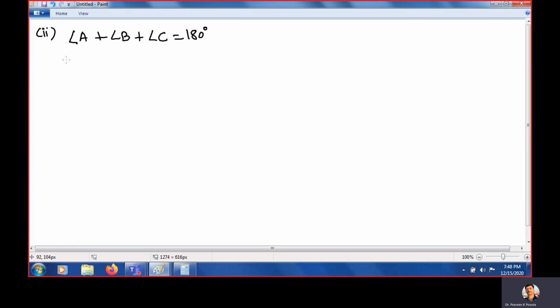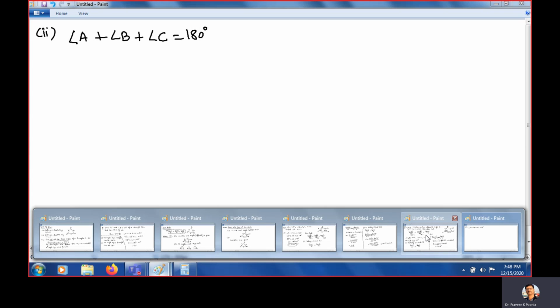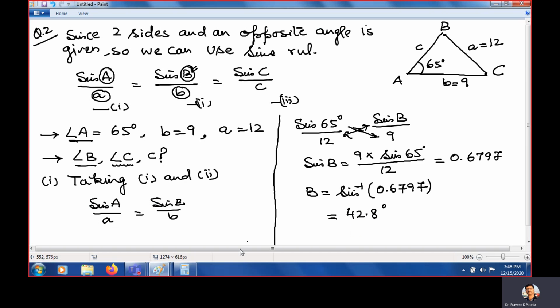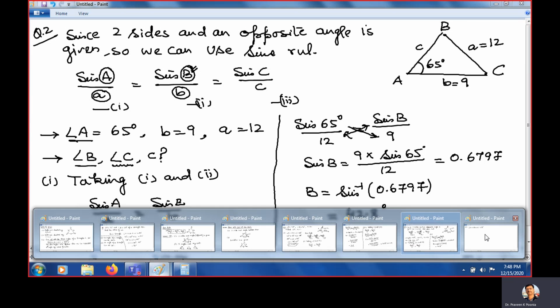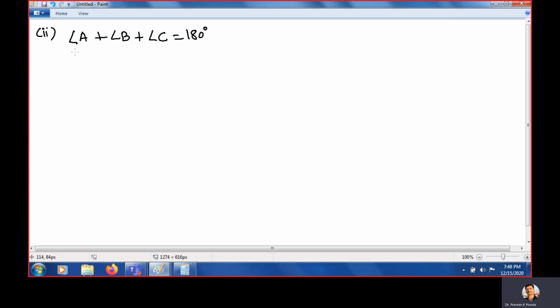So what are the values of angle A, B and C? 65, 42.8. It is 65 plus 42.8 plus angle C is equal to 180 degrees.